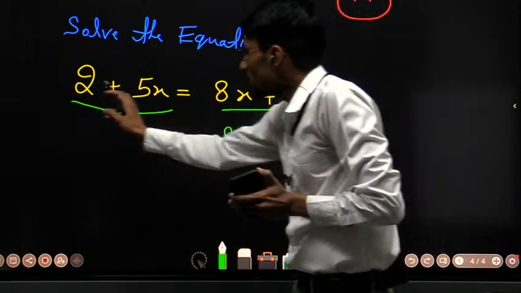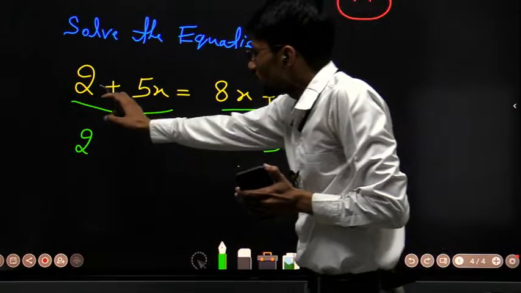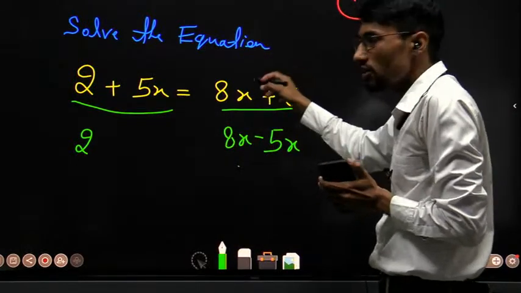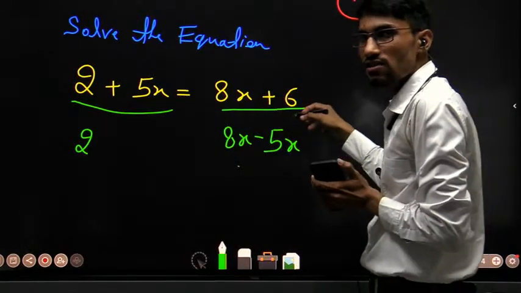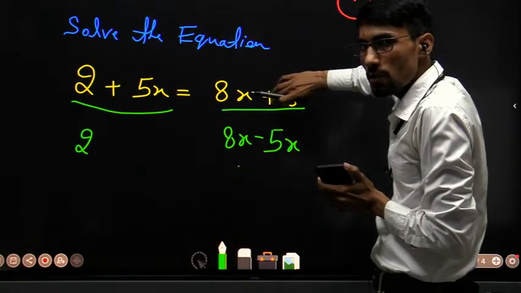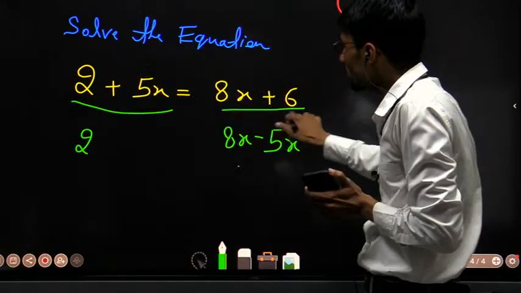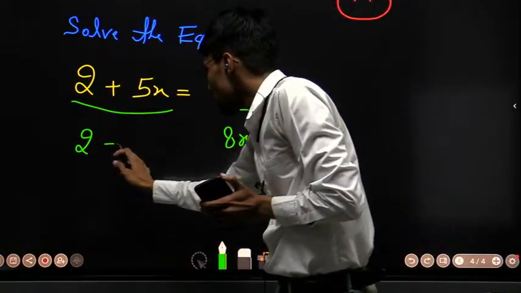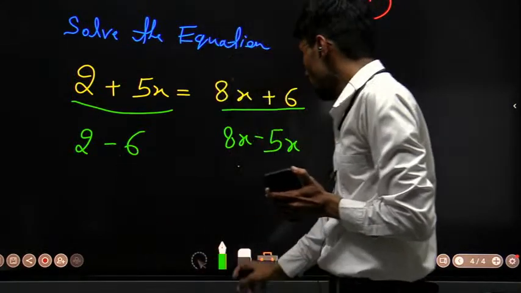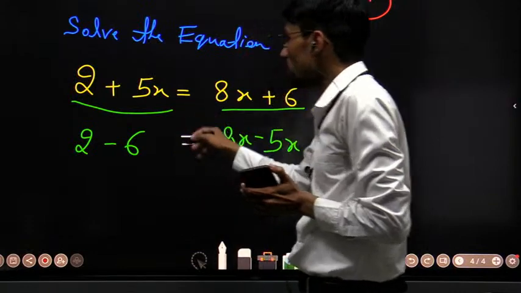And there is 2 written, and on the right hand side plus 6 is written. I pick this plus 6 and send it to the left hand side. So plus 6 is converted into minus 6. And between them, the equals sign.